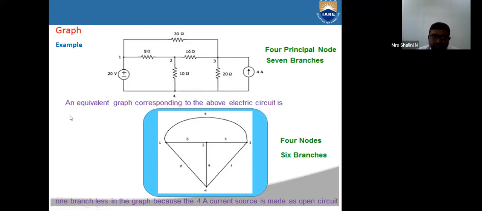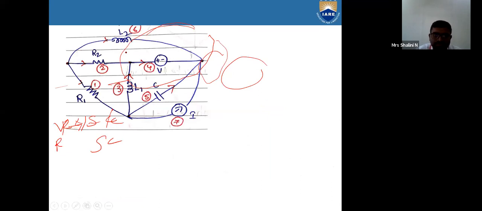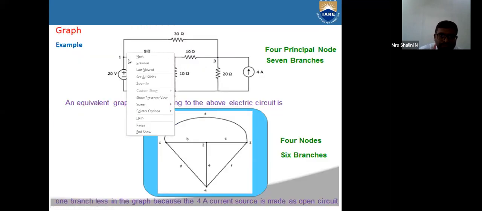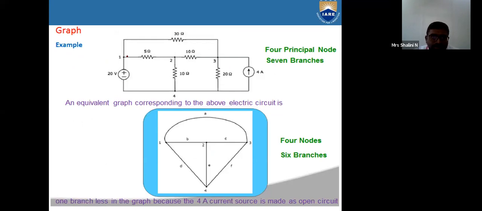See here, in this diagram, we first have to identify the nodes. So this is your first node. This one is the first node, and this one is the second node.